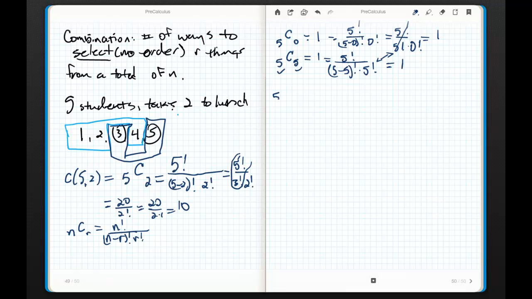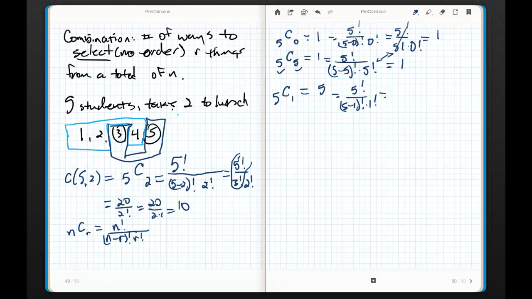How about 5 choose 1? What's your guess on this? How many ways are there to select one student from 5 if order doesn't matter? Well, it better be the same as permutation, right? It should be 5. Well, let's check. I could be lying. You never can tell. It's going to be 5 factorial divided by 5 minus 1 factorial times 1 factorial.